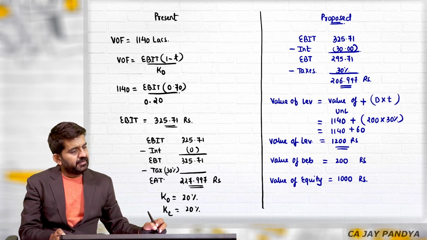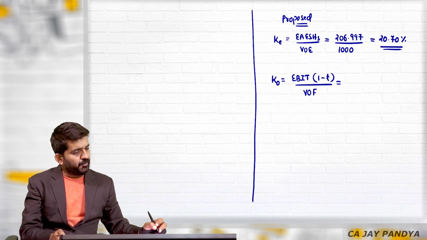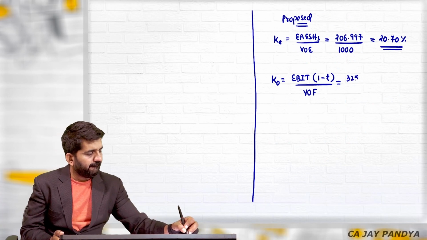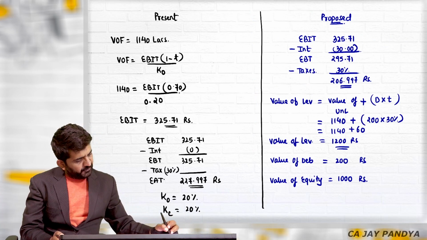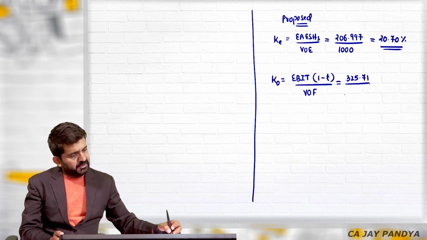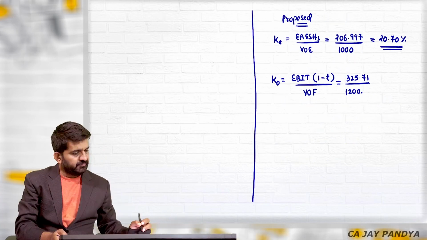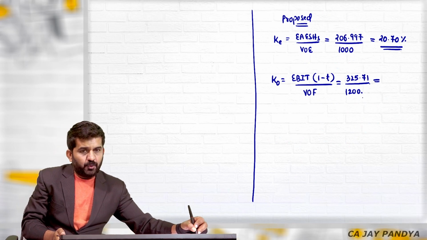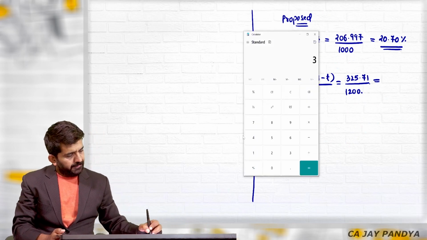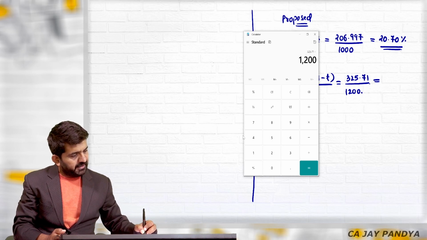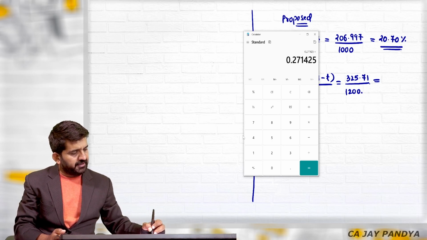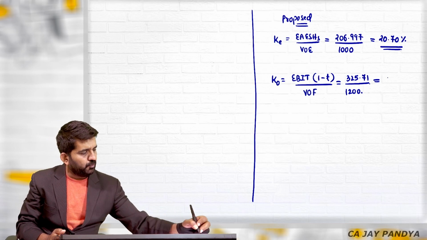EBIT is 325.71 upon the value of a firm, which is 1200. What will be KO? 325.71 divided by 1200 multiplied by 100, that is 27.14.